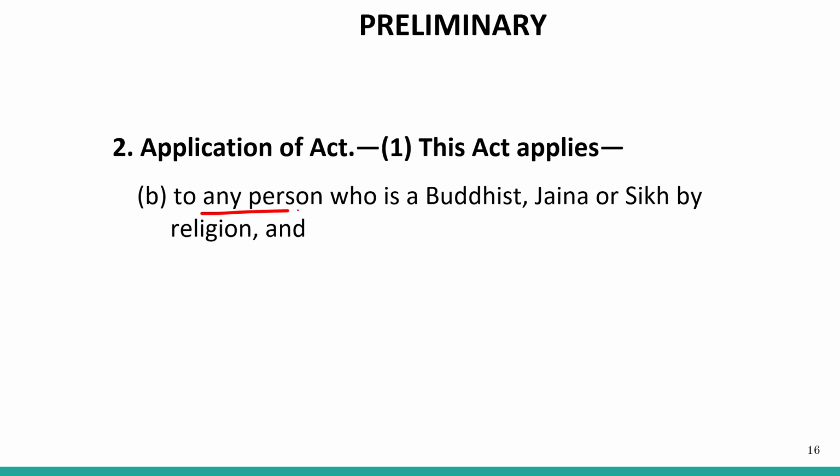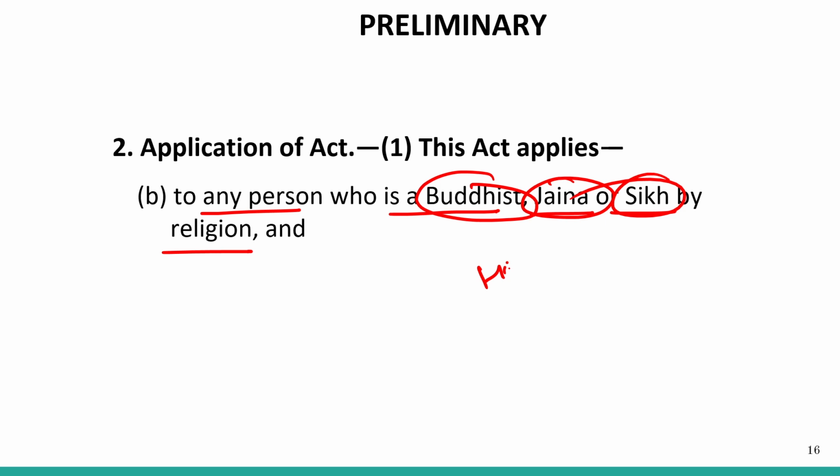Apart from that, any person who is a Buddhist, Jain or Sikh by religion is also considered to be Hindu according to the Hindu Marriage Act of 1955.